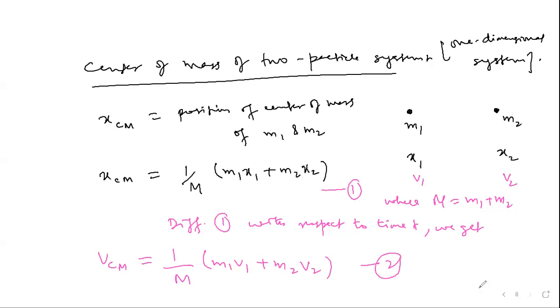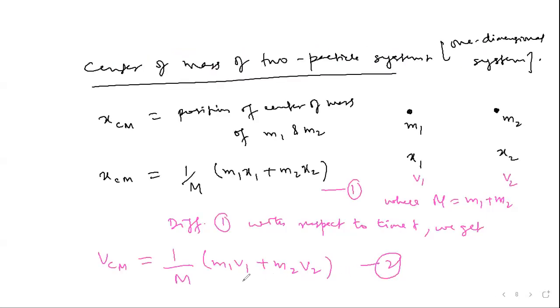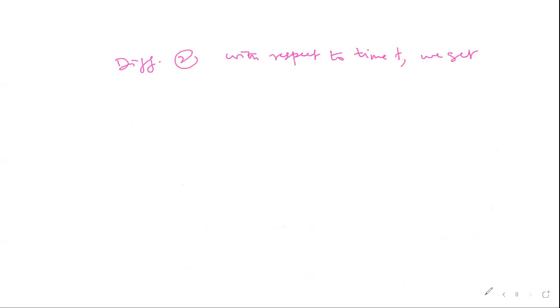To get the acceleration of center of mass, differentiating second with respect to time t, we get, so if I differentiate this equation second with respect to time, I will get acceleration of center of mass, and that is given by ACM is 1 over M, m1a1 plus m2a2.